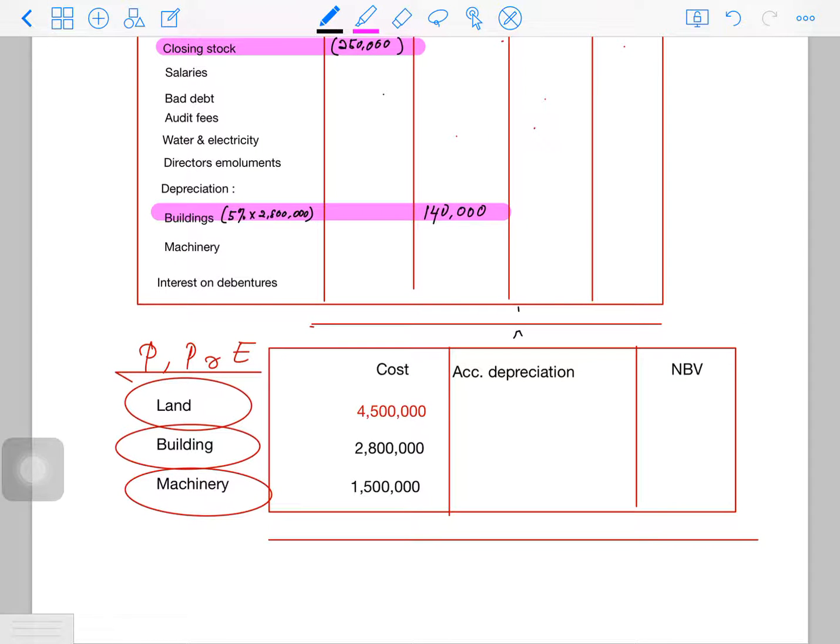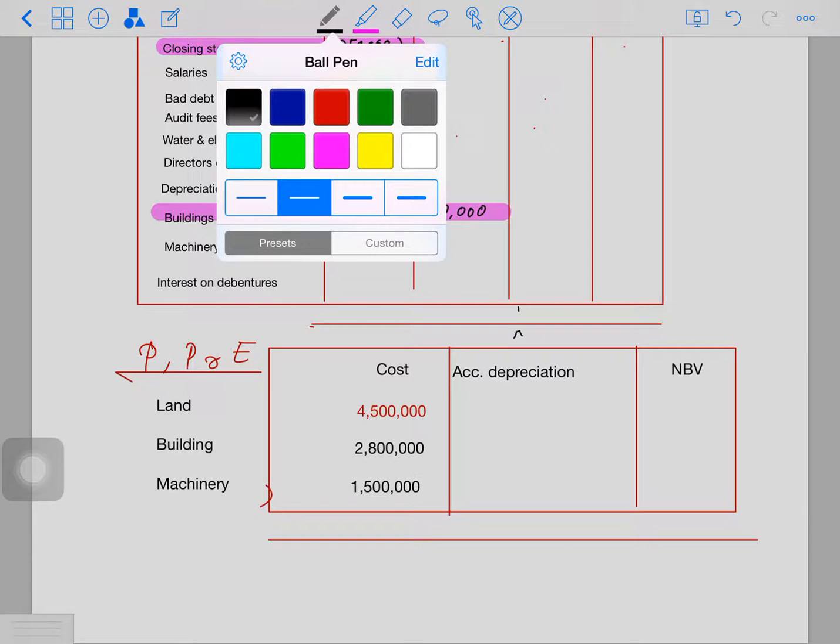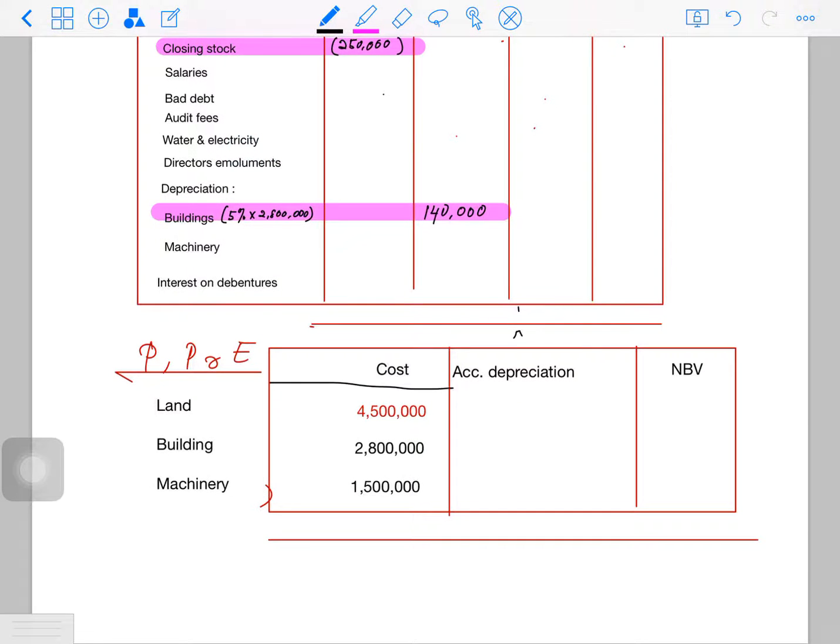For accumulated depreciation, you need to find out what the accumulated depreciation of the building is. Here in your trial balance they mention machinery, the cost, and accumulated depreciation.